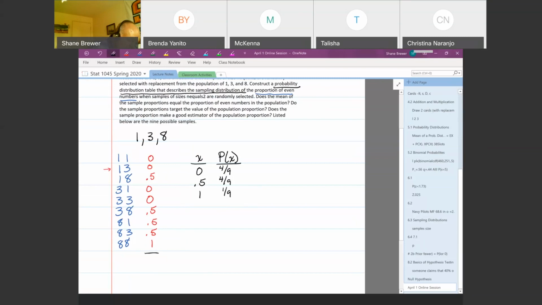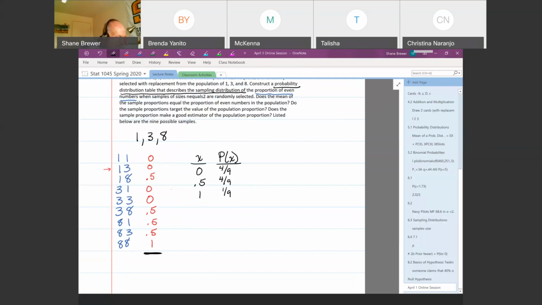I could find the mean there, or find the mean of the probability distribution. Either way, but let's do it this way. Let's find the mean of these numbers, just the average of those numbers.